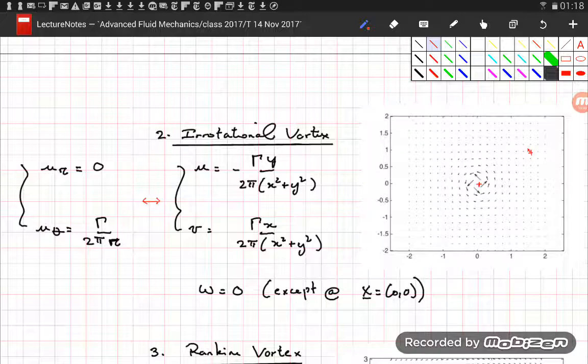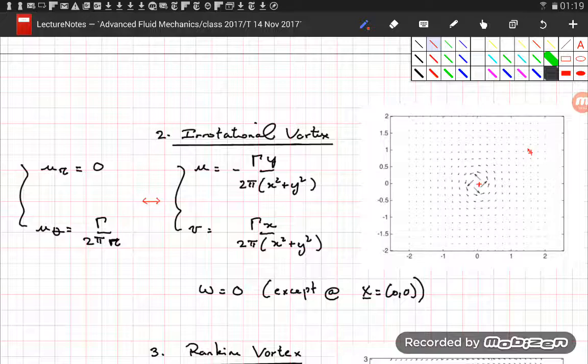That being said, you see that there is a singularity. If you think about x and y going to 0 in Cartesian coordinates, or in polar coordinates r going to 0, so you're getting closer to the origin, as r goes to 0, u theta goes to infinity. So u theta blows up, and you cannot compute the vorticity at that particular point.